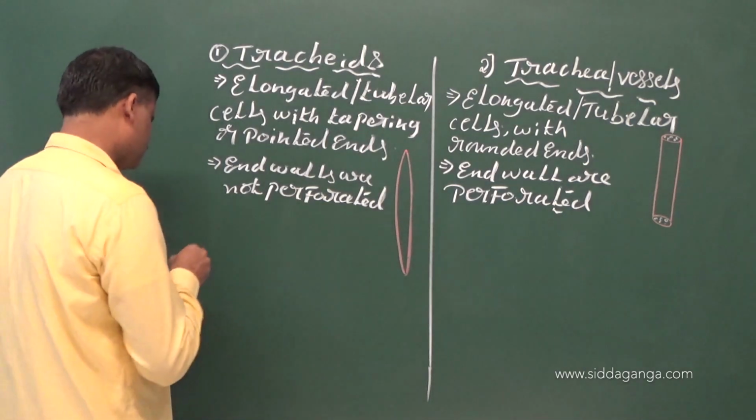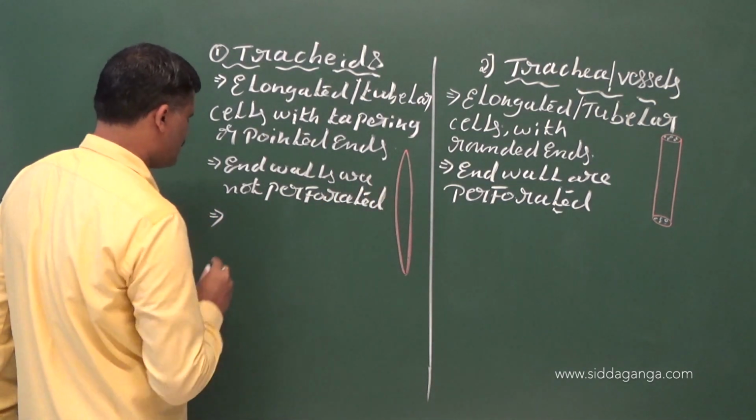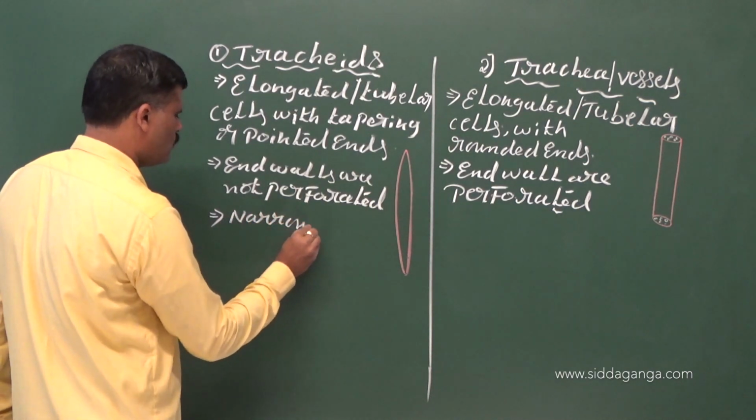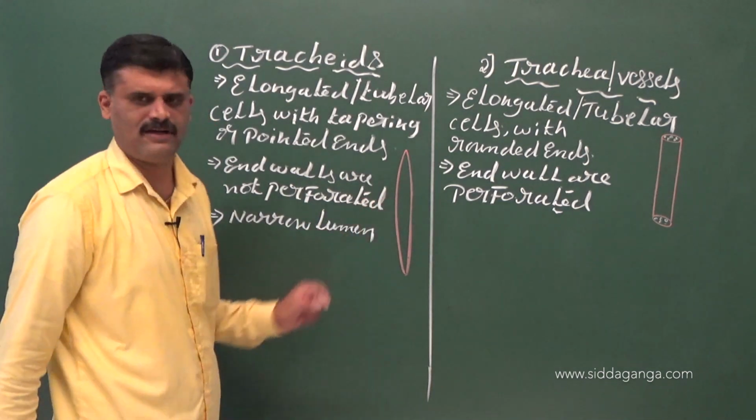Then these tracheids have a narrow lumen. Lumen means cavity.